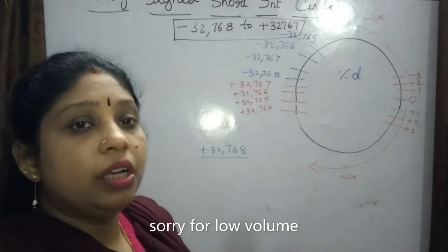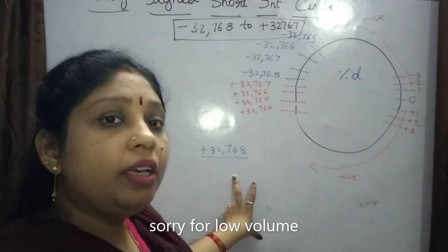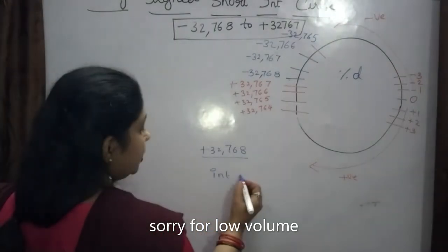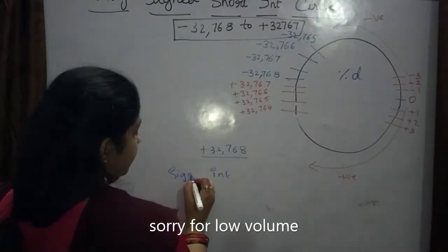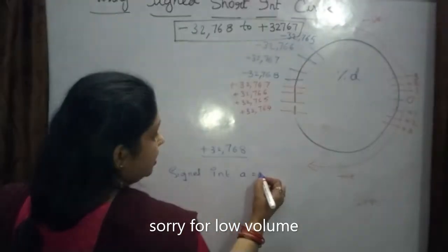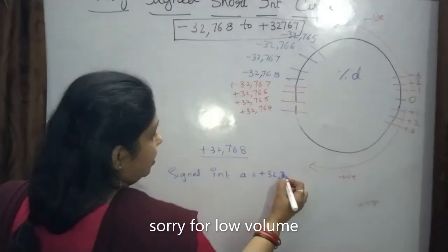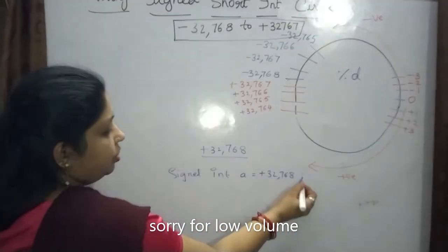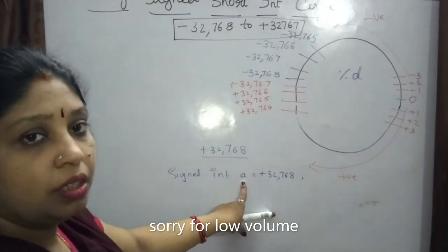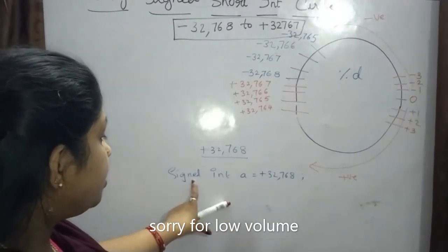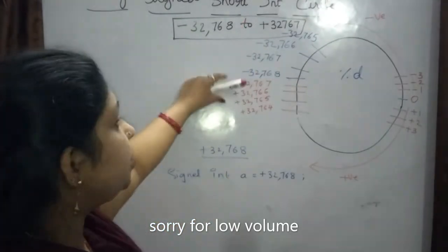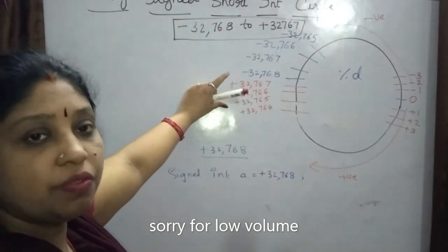It will not take this value. Suppose I'll show you. For example, int or signed int a equal to, if you assign this value like this, you think that you have assigned this value to a which is signed int. Now signed int is having only up to plus 32,767. Beyond this number it will not take.